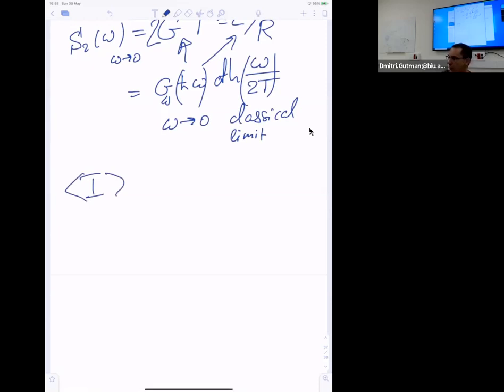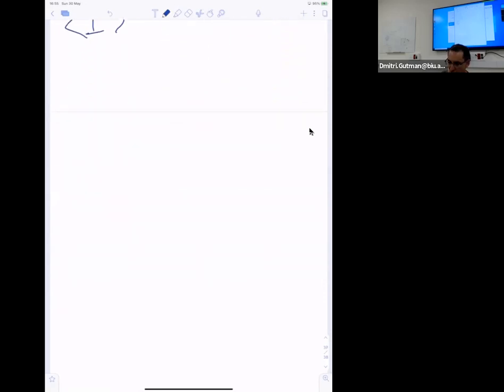You probably did this exercise already, because we were supposed to compute DC current in the Drude equation. You took the Boltzmann equation, performed a diffusive approximation, and found the distribution function. So you start with a distribution function, which depends on momentum, position, and coordinate.